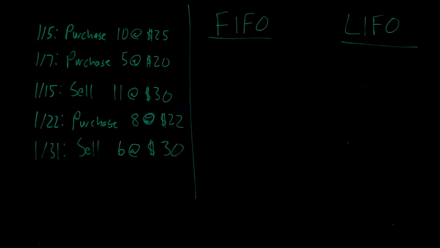On January 15th, we sold 11 units at $30. The units that we sold to make up the 11, we're going to take the first ones in first. So we sold 10 that cost us 25, and now we have one left.